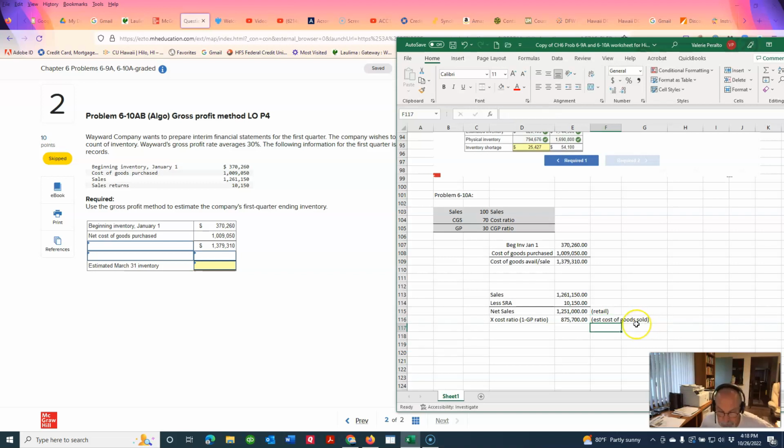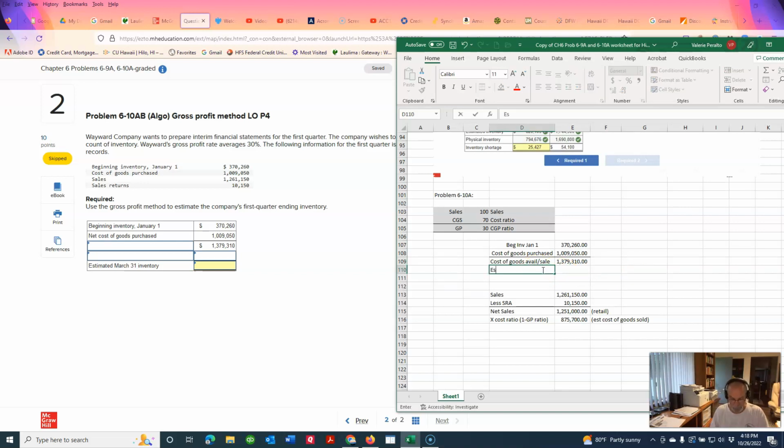And then step 2 is goods available for sale at cost. So we have our goods available for sale at cost. And we subtract our estimated cost of goods sold.